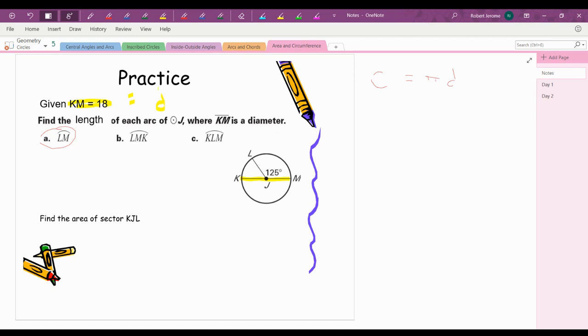So that's 3.14 times 18. So grab your calculator. And I have 56.52.